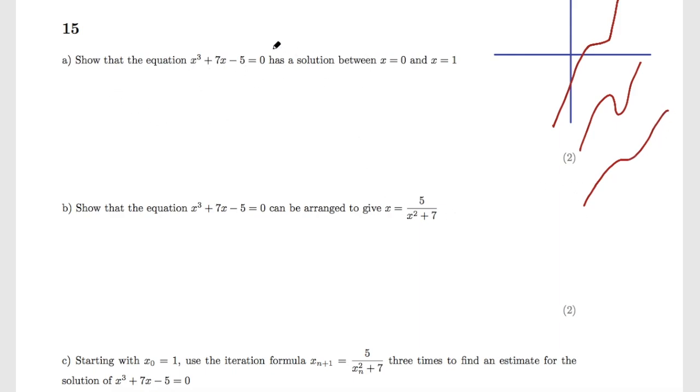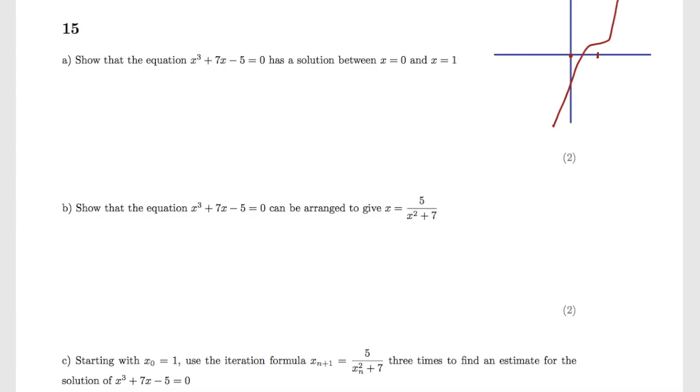And when they're saying we need to show there's a solution between x equals 0 and x equals 1, if we look at this graph again, and we looked at the x-axis, x equals 0 is here and x equals 1, let's say it was here, we would need to show that there's a time when the graph crosses the x-axis between x equals 0 and x equals 1. And how do we do this? Well, we would say that this whole equation should be changing its value.